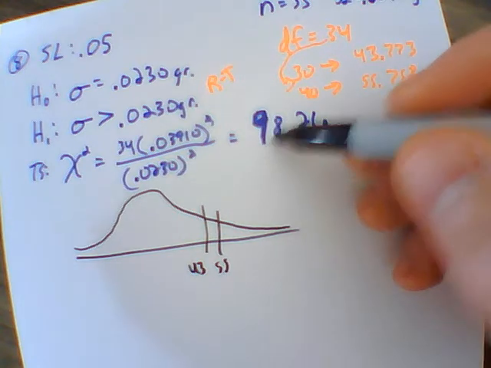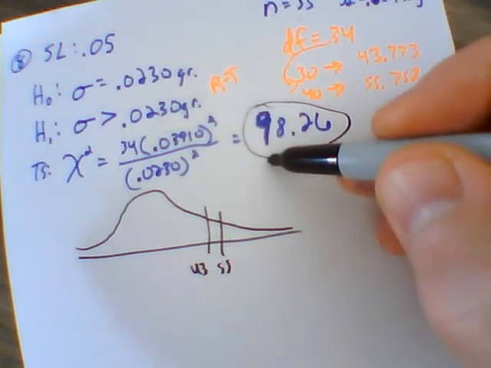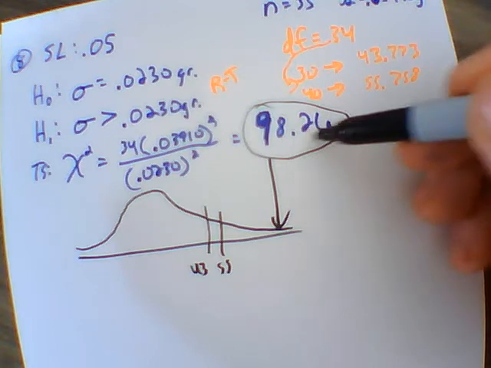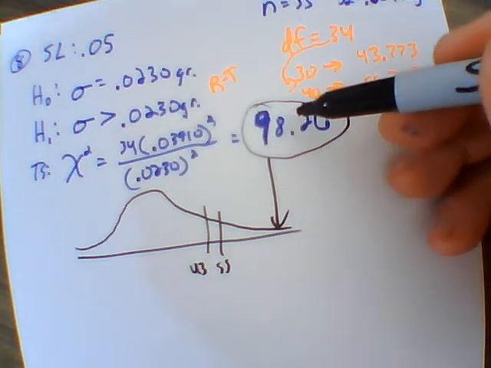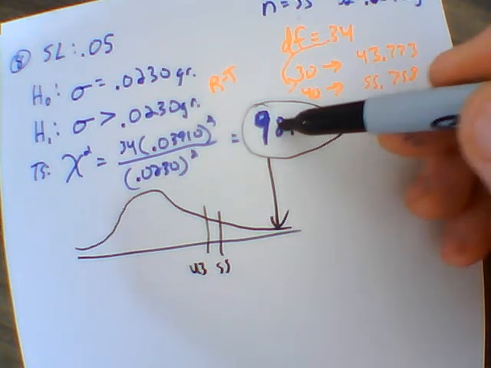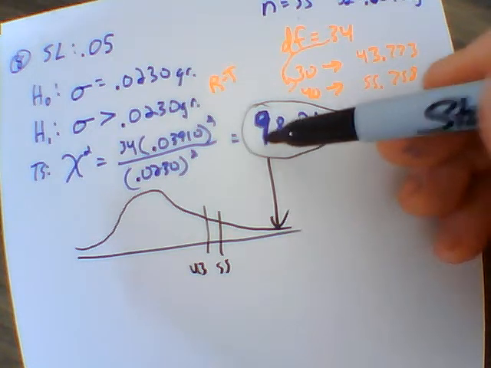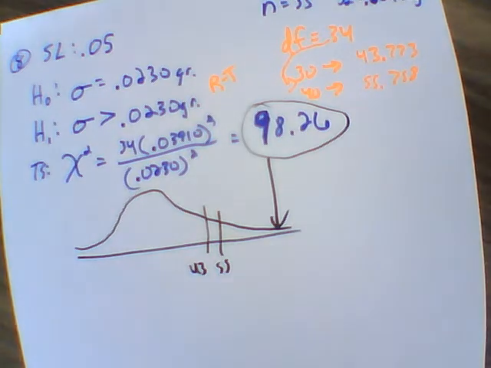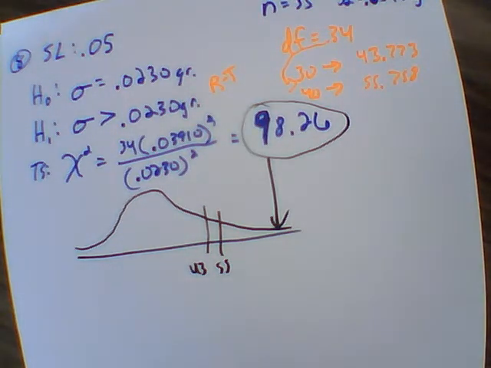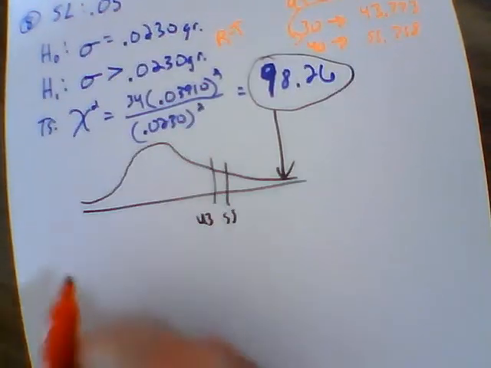If we notice, 98.26 is way over here. So this value for chi-squared is in our critical area. That means that we must reject our null hypothesis.